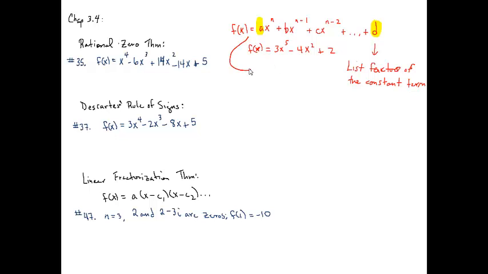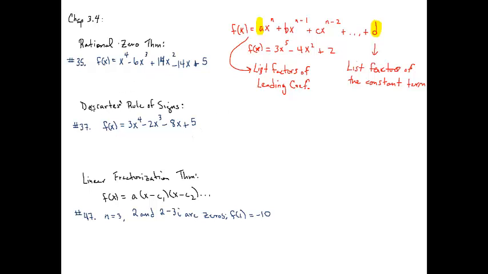And then you're also going to list the factors of the leading coefficient. Now once you list these factors, you're going to do a quotient. It's going to be the constant term's factors divided by the leading coefficient's factors.